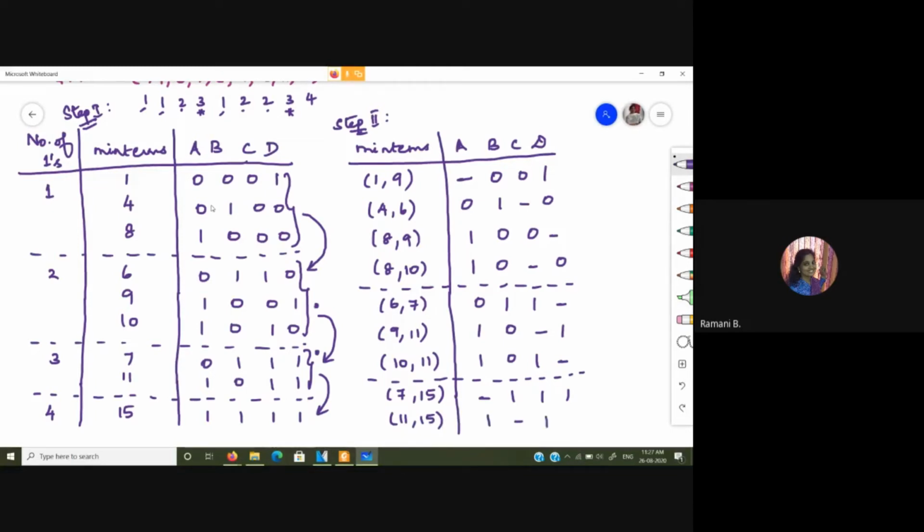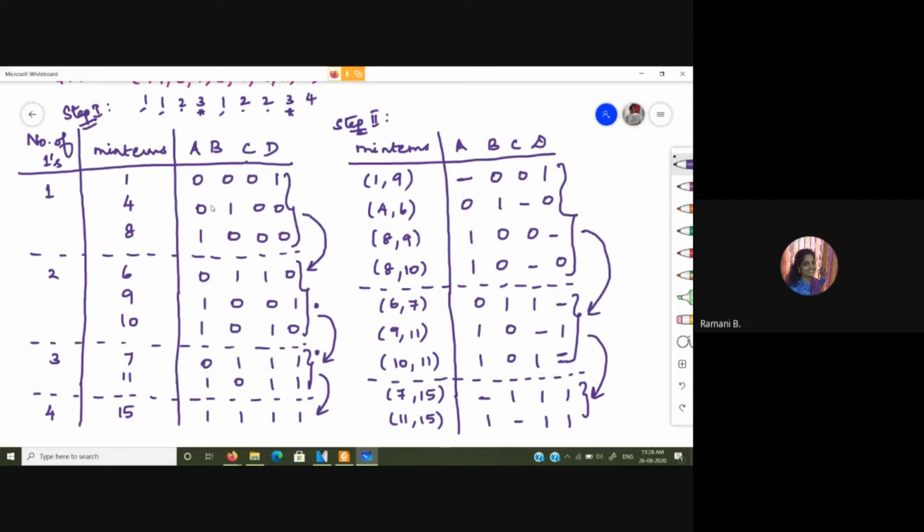1 dash 1 1. Okay, now we need to proceed further, comparing these particular groups. That is, all these should be compared with this group, and sorry, here we had the dash, and this should be compared with this group. So for further minimization, the key point is to check with respect to the position of dash.